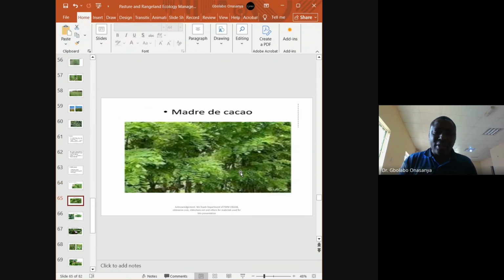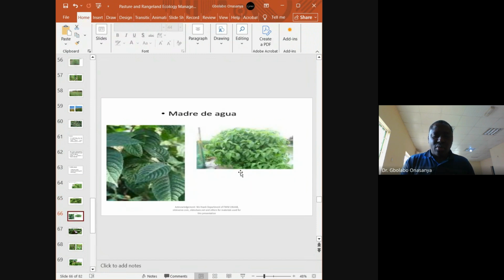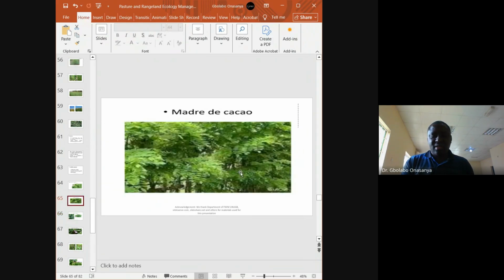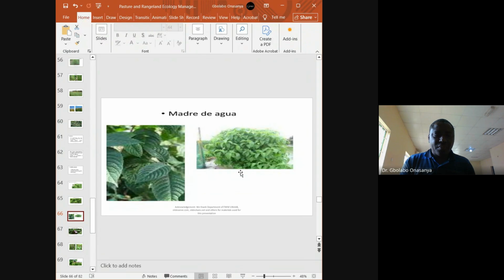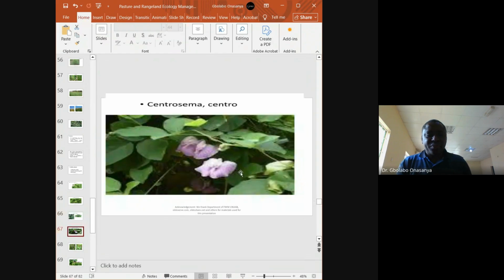We have Madre de Cacao. You see the tree, it's a leguminous tree. We have Madre de Agua. This is Centrosema pubescens, popularly called centro. These are common around us.